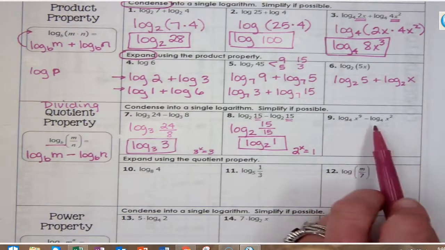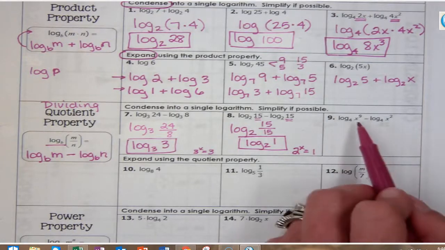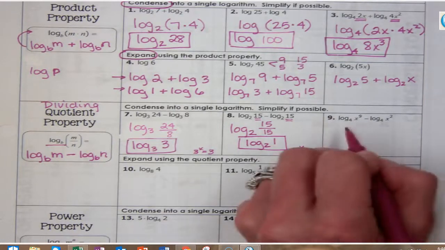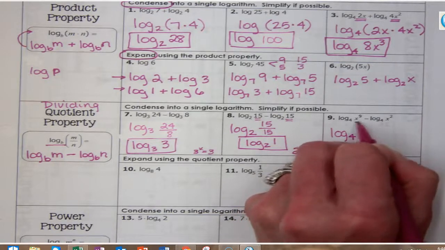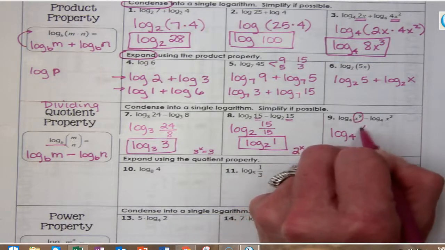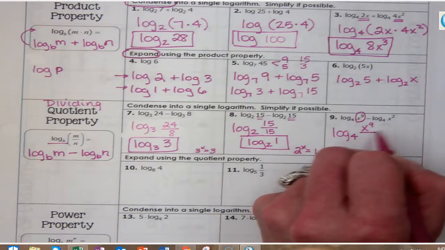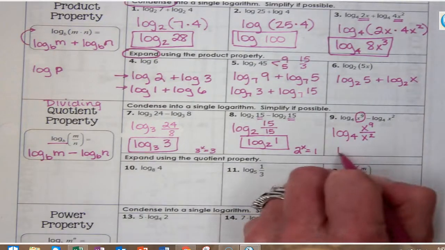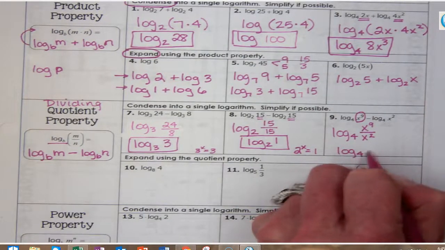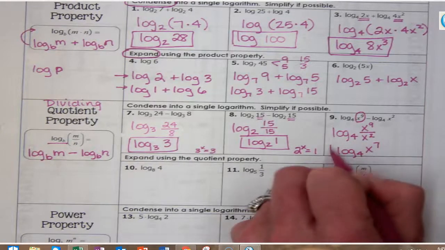Okay, this, again, we're now just dividing. So we've got log base 4 x to the 9th divided by x squared. So I'm left with log base 4 x to the 7th power.